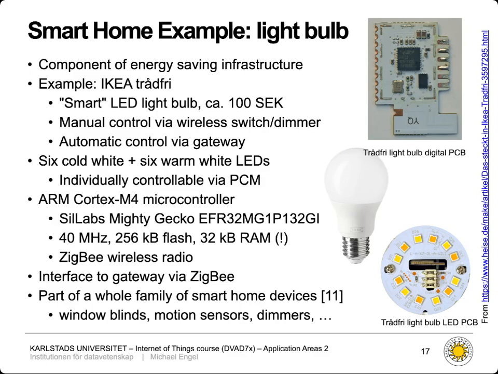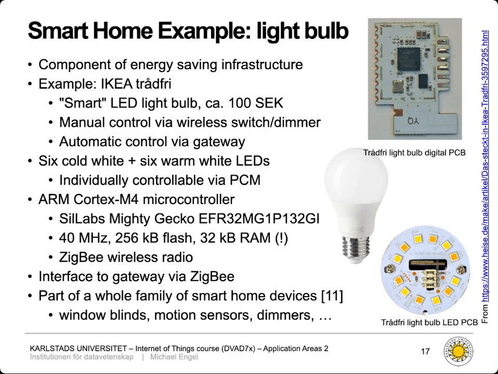So the interface from the light bulb to the gateway is done via Zigbee, and the whole functionality of this light bulb is actually powered by another ARM Cortex-M microcontroller of the M4 family, which includes wireless functionality already. So this is running at 40 megahertz and has 256 kilobytes of flash and 32 kilobytes of RAM, and that's just for a light bulb. So this is pretty interesting because you wouldn't have expected to get so much electronics for just 100 kroner.